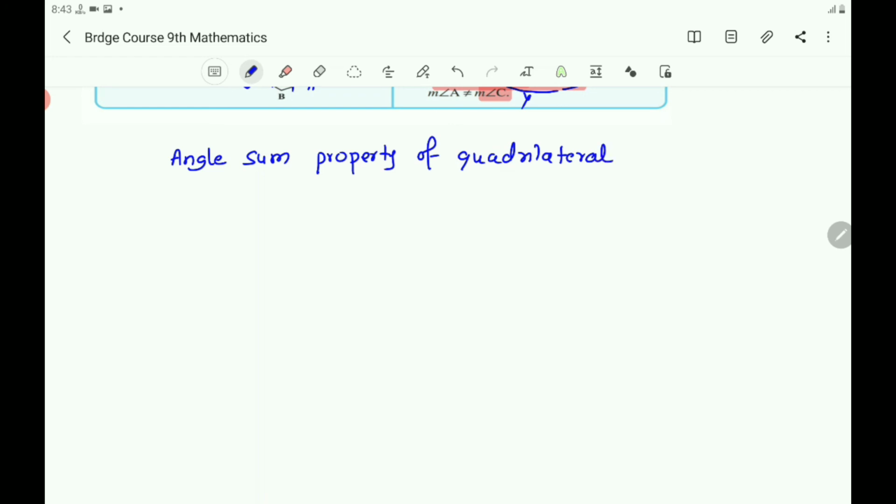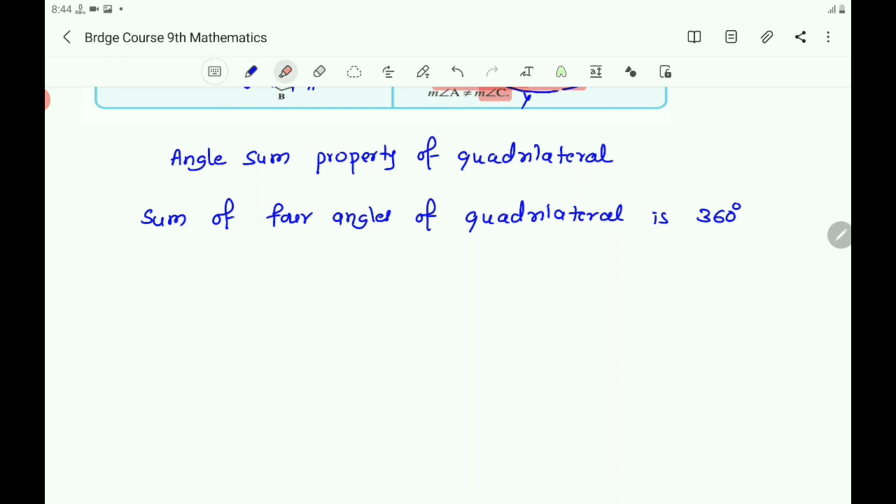That is 180 degrees. And the sum of the four angles of a quadrilateral is 360 degrees. So you can take that the sum of the four angles of a quadrilateral is 360 degrees.